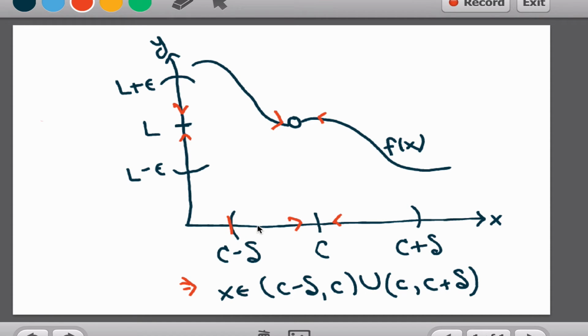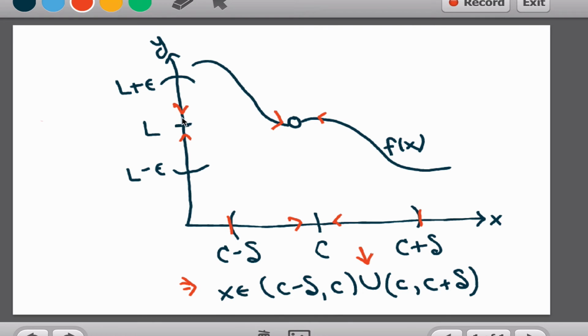We move to the right, approaching c. We skip over the value c. That's what is meant by this symbol, the union. And then we pick up right after this value c and continue moving right until we reach the endpoint of this open interval, c plus delta.